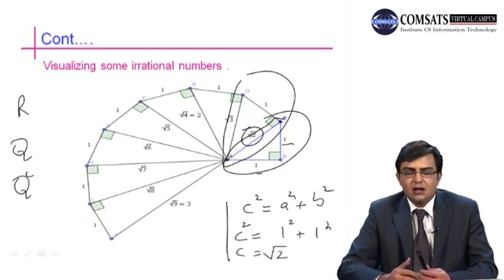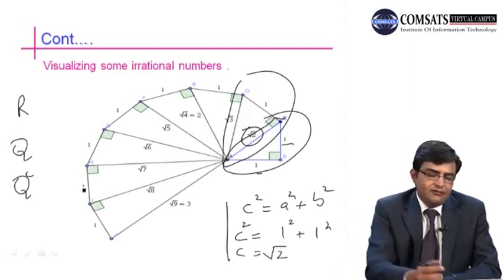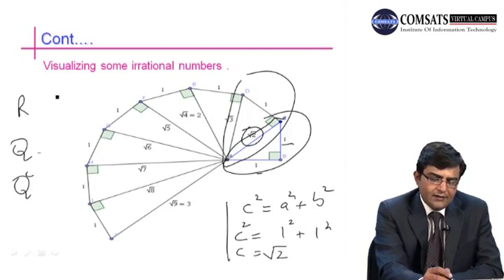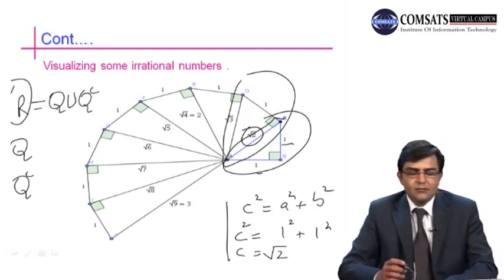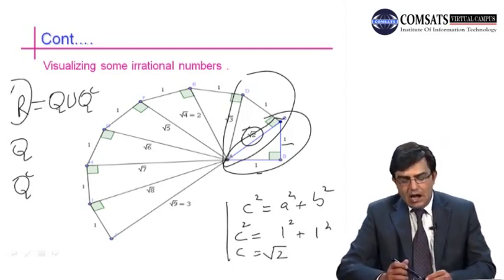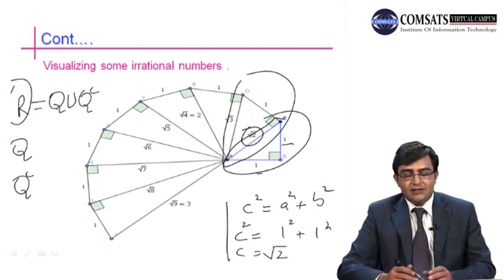This set contains all the irrational numbers. So if we take the union of Q and QC, we obtain the set of real numbers. Now the set R is basically denoted as the set of real numbers. So the set of real numbers is basically the union of rationals and irrational numbers.